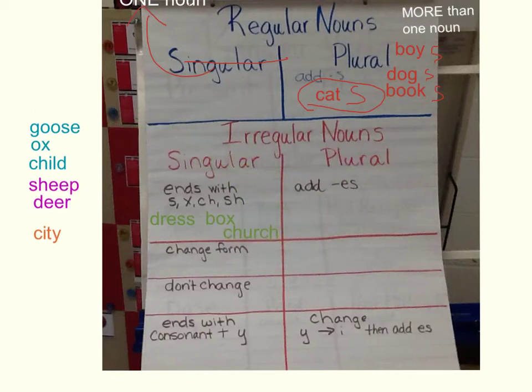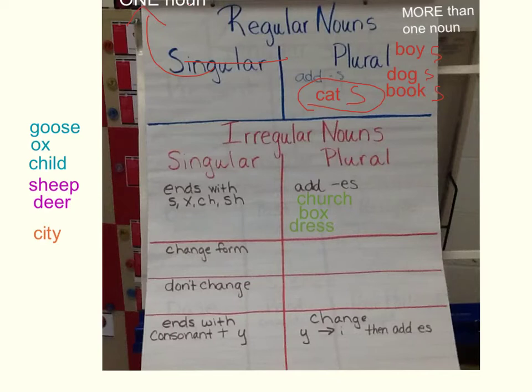Okay? Now, to me, these are easy because they look funny when you add an S to the end of them. So it makes more sense to me to say churches with an ES, boxes with an ES, and dresses with an ES.